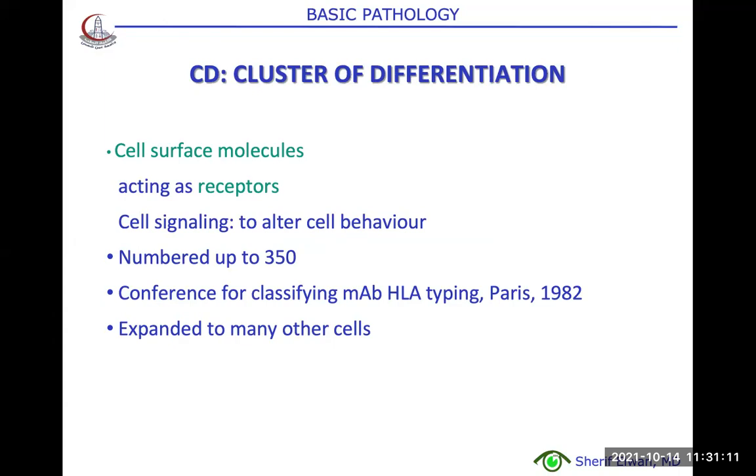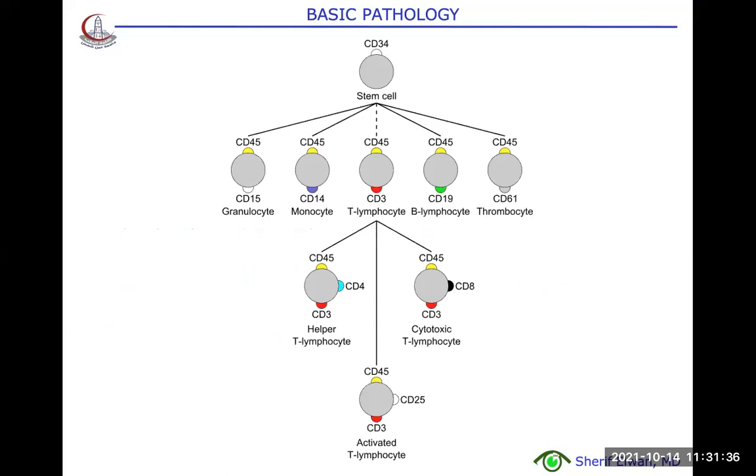The CDs were given in the first place to lymphocyte cells that secrete certain monoclonal antibodies or have a certain HLA typing, human leukocyte antigen, and these cell surface molecules and receptors have been expanded to many other cells.